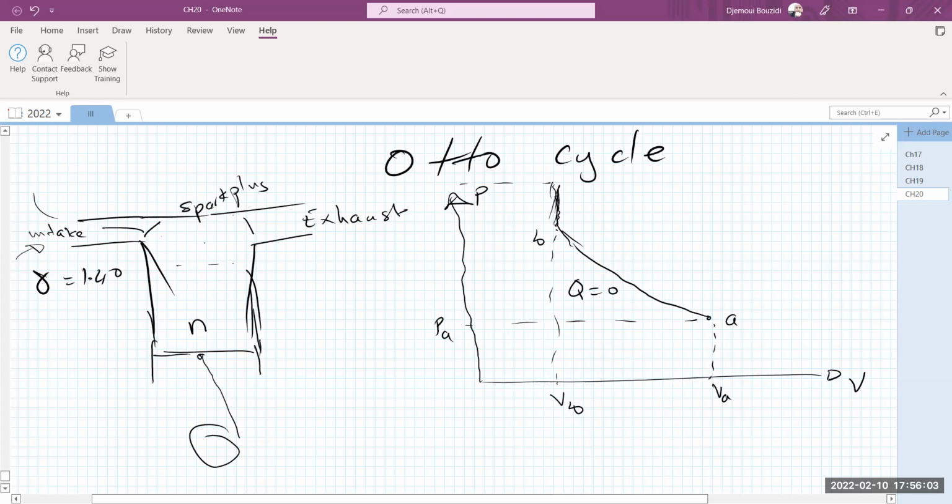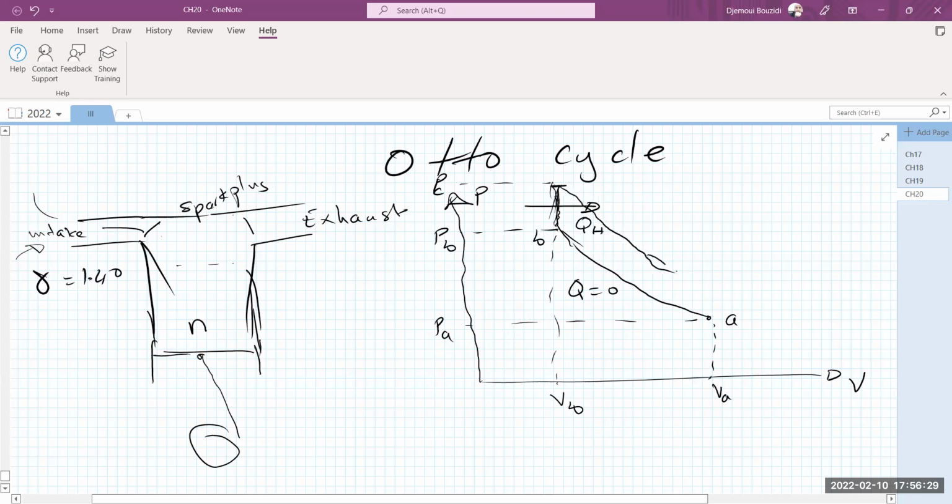This is when the spark plug fires. At this stage, a chemical reaction will start and trigger the high temperature that is reached in here. So at that point, point C reaches a pressure PC. This is PB, of course. The volume is the same. So this is an isochoric process. This is the intake of the heat. This is QH coming into play.